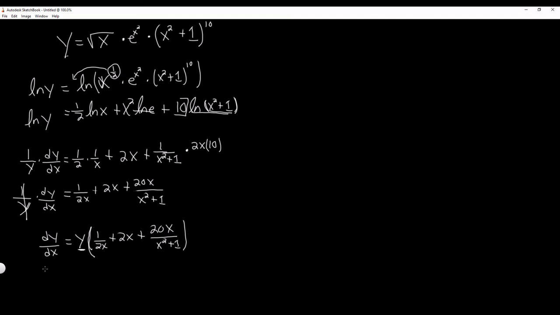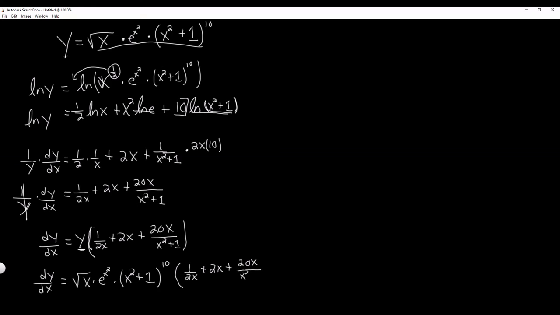So we can rewrite this whole thing as dy/dx is equal to, y is actually this right here, the square root of x times e to the x squared times (x squared plus 1) raised to the 10th power, times 1/(2x) plus 2x plus 20x divided by x squared plus 1.